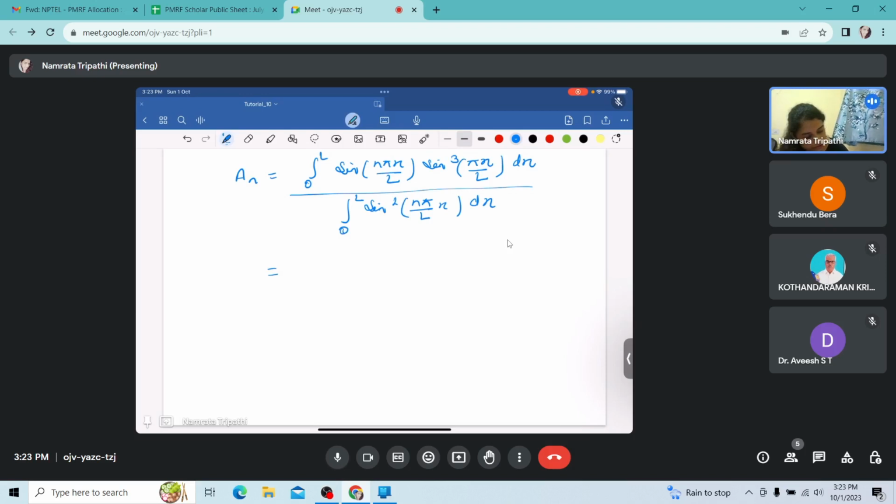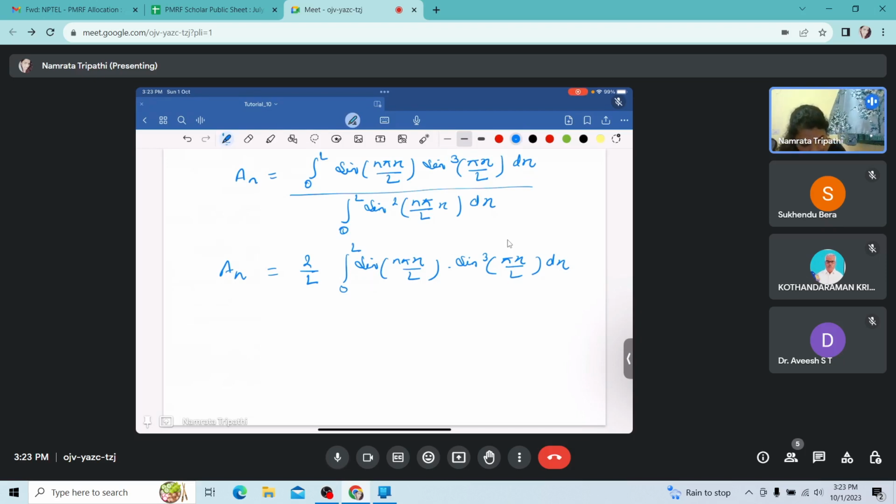The integration for the denominator is L/2, so we can write 2/L into integral 0 to L. So this is a_n. Now we have to calculate this integration.